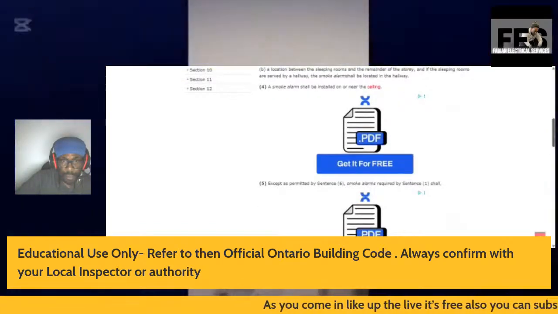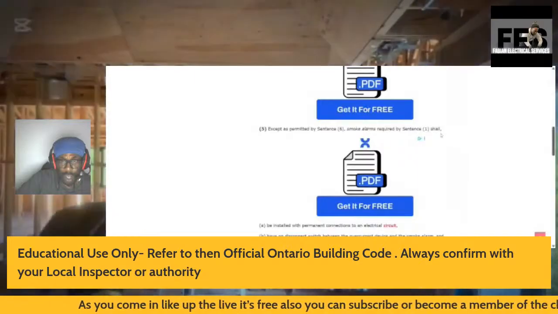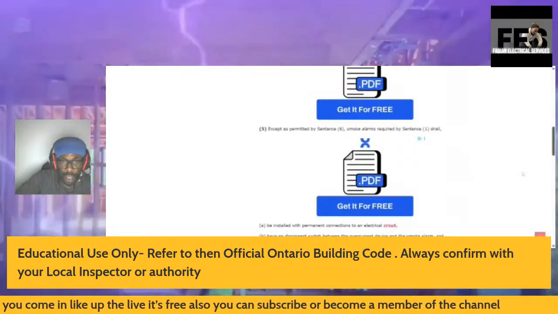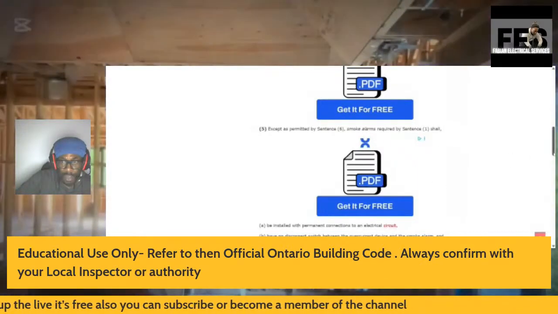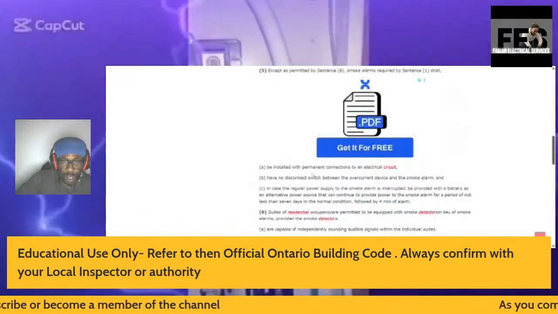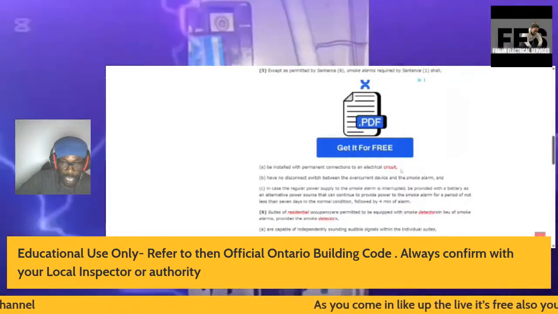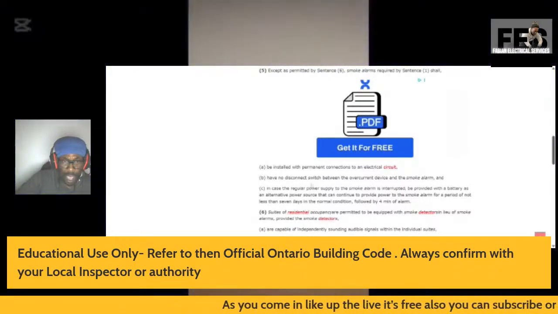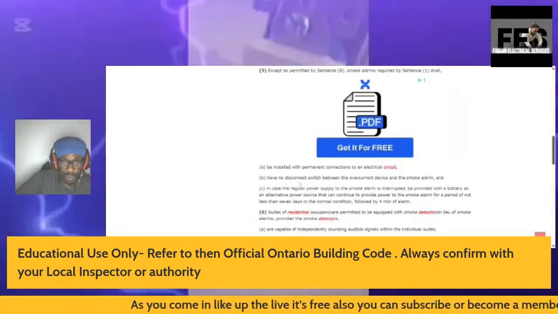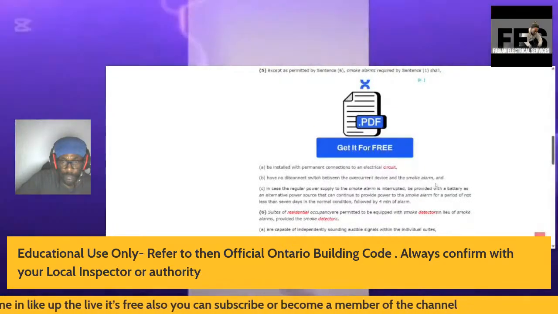Except as permitted by sentence 6, smoke alarms required by sentence 1 shall be installed with permanent connection to an electrical circuit. That's the same thing as the lighting circuit. Have no disconnect switch between the overcurrent device and the smoke alarm.